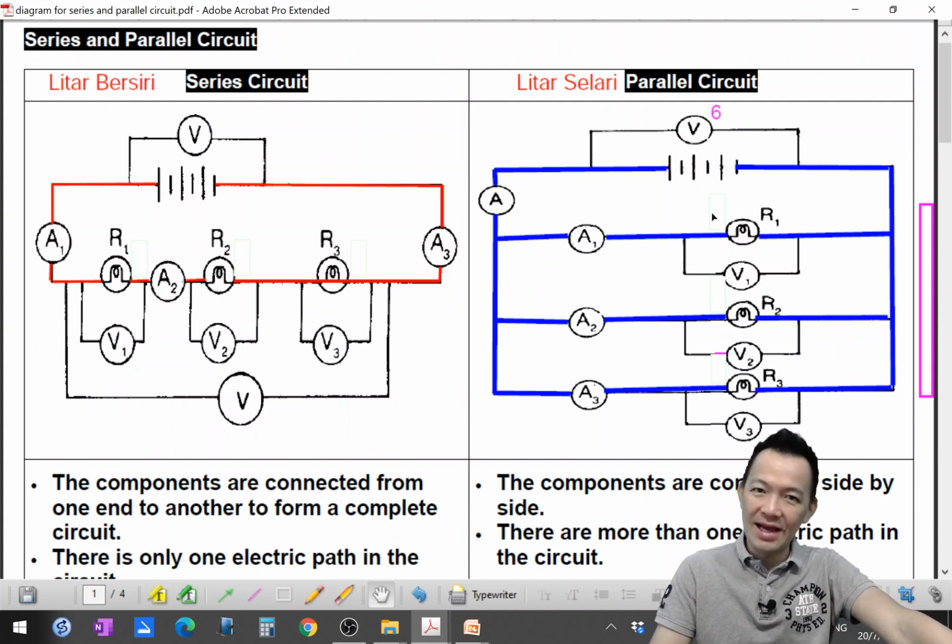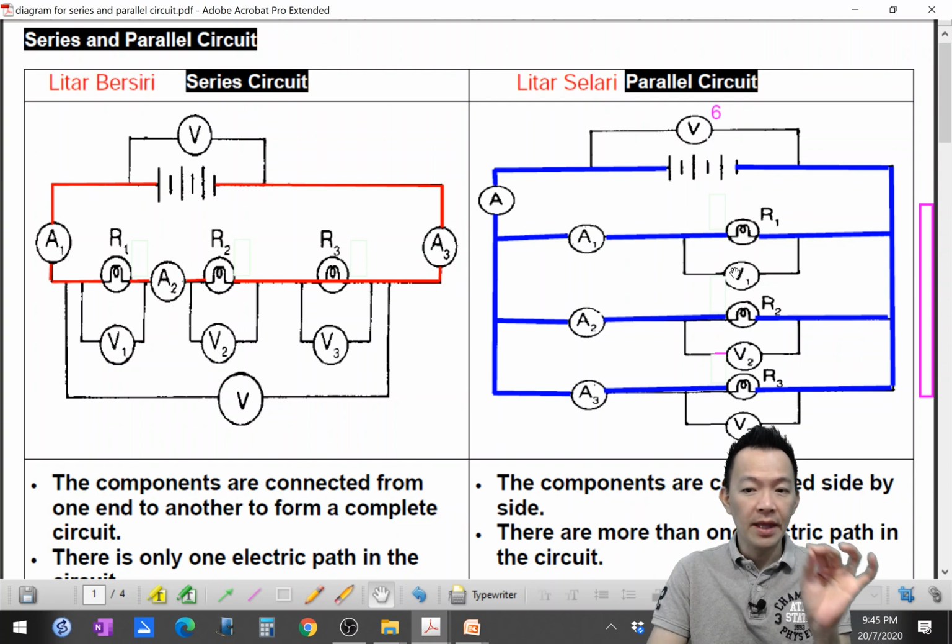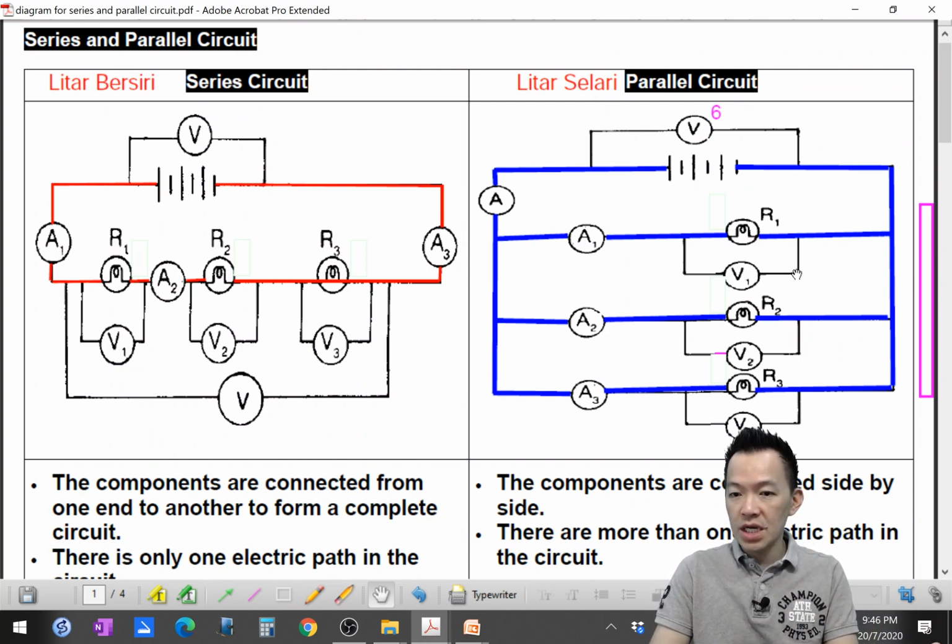It's difficult, right? It's faster if I tell you directly. When you connect your voltmeter number 1 here, actually it is equal to here. Remember, an ammeter is actually not a resistance.